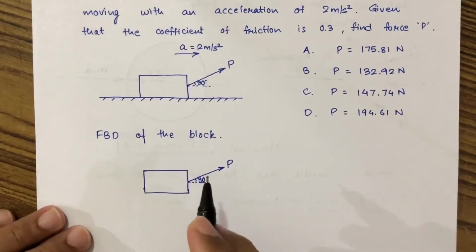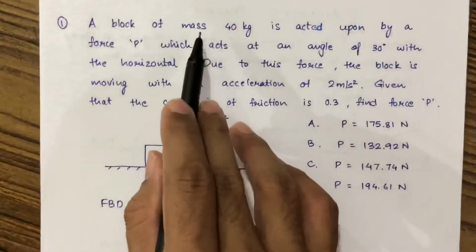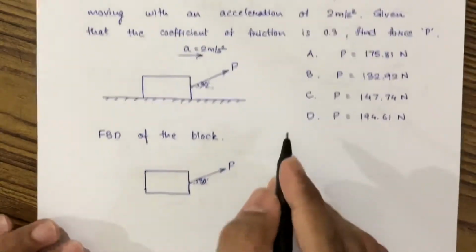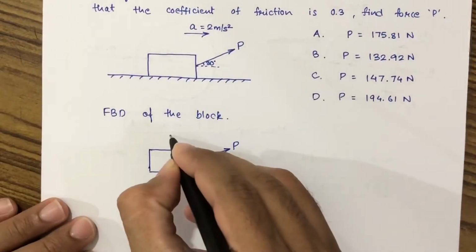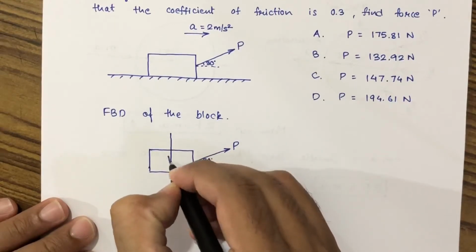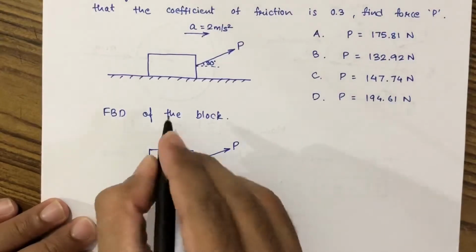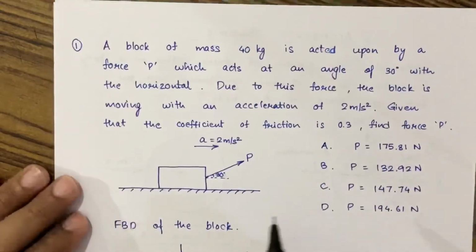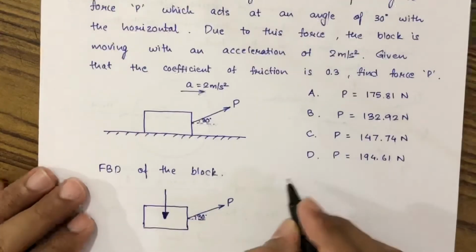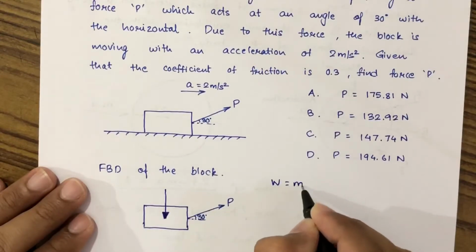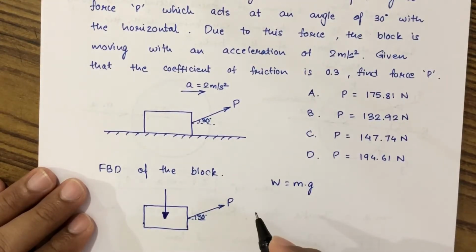Another force will be the weight of the mass. The mass is given as 40 kg. The weight will pass through the center of gravity of the block. We know that weight is equal to mass into acceleration due to gravity.